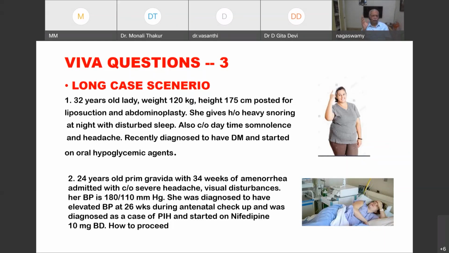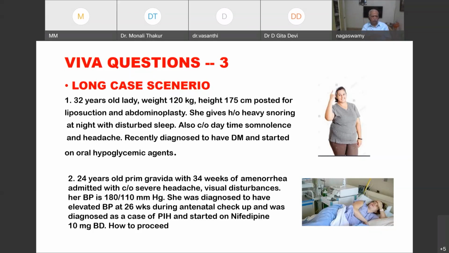Okay. But the primary concern is always about the mother. So if the BP gets controlled with the treatment that you start, don't rush to terminate the pregnancy. Allow the pregnancy to continue till 36 weeks and then take a decision whether you can allow it further and wait till the 40th week or the full term, if the patient feels better symptomatically and the BP is well under control.